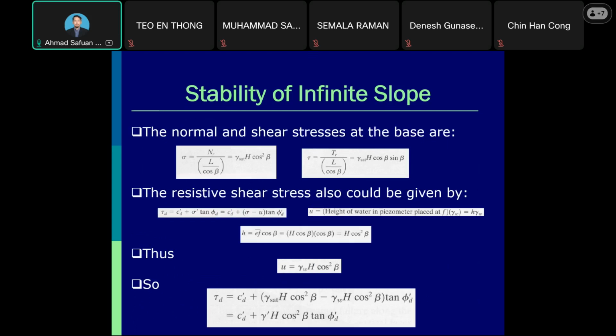The h becomes H cos square beta, so the pore water pressure is gamma w H cos square beta. Then we include this equation inside the tau, and obtain C D plus gamma H cos square beta tangent phi D.